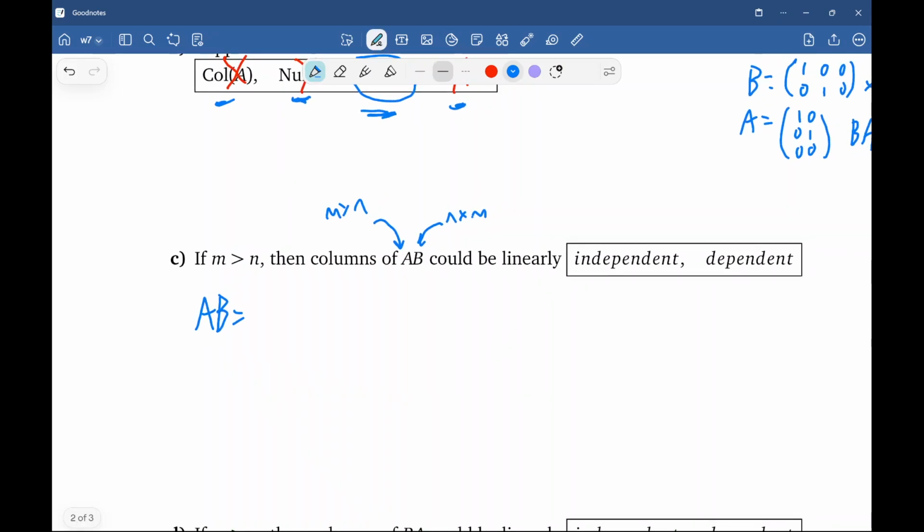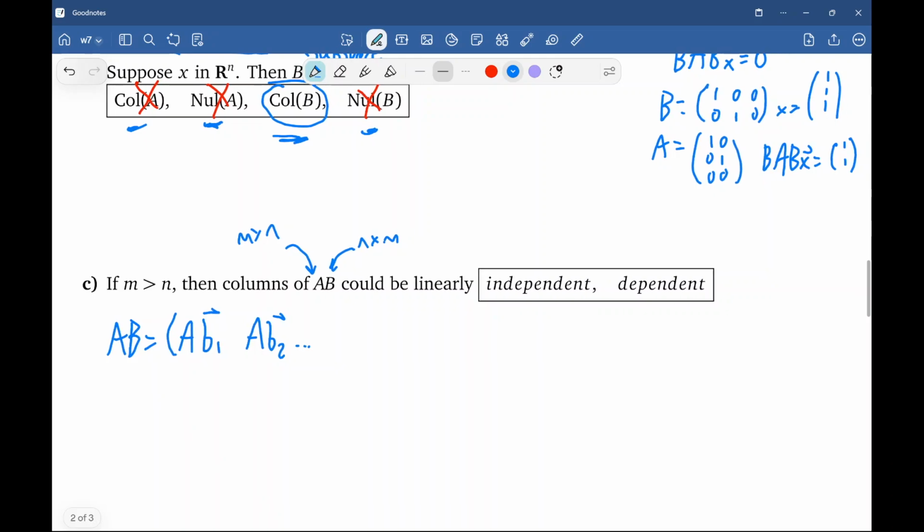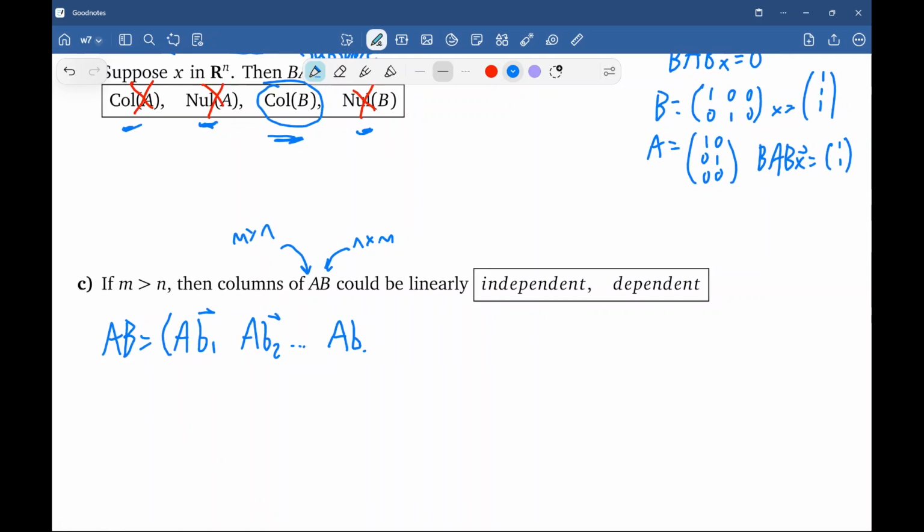Since we're focused on columns, we want to use the definition of matrix multiplication that has to do with columns. So this will be A times B1, A times B2, and how many columns are there? M columns, up to A times Bm.